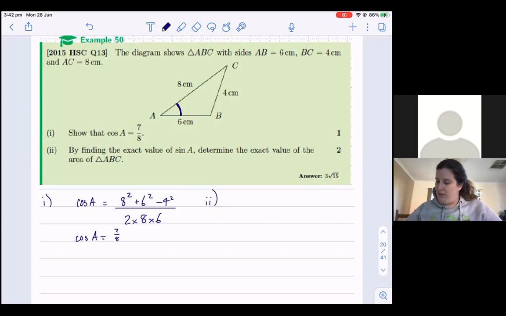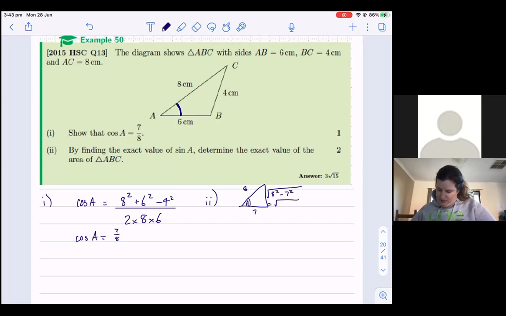By finding the exact value of sine A, determine the exact value of the area ABC. I mean, we could be incredibly lazy. If cos A is 7/8, this length must be 8 squared, take 7 squared.